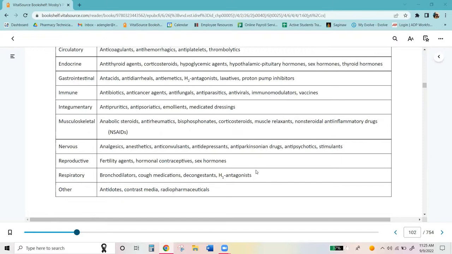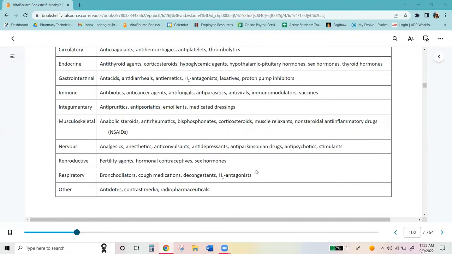In the nervous system, we have analgesics, anesthetics, anti-convulsion medication for seizures, antidepressants, anti-Parkinson drugs, antipsychotic stimulants. In the reproductive system, we have fertility agents, hormonal contraceptives, and sex hormones.